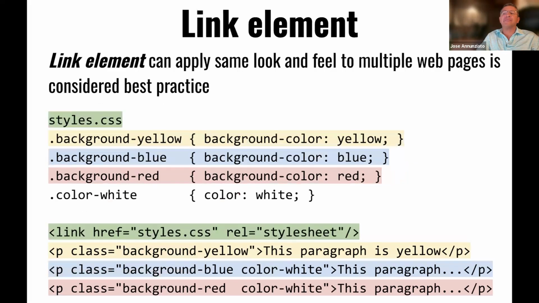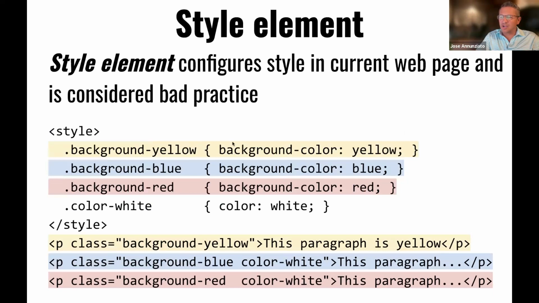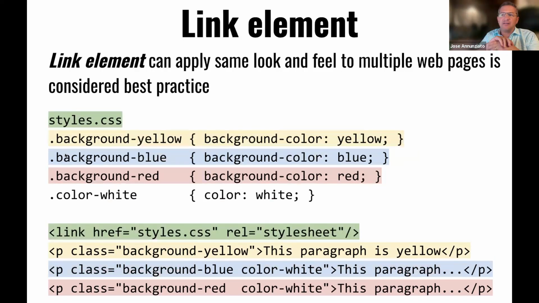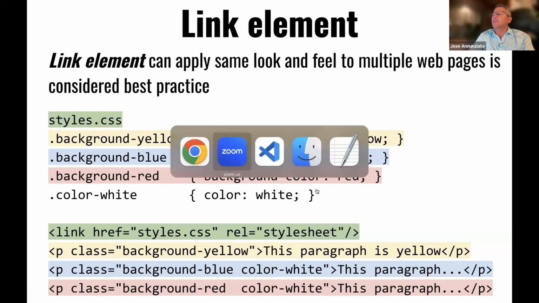And then by far the best option is to move all this code, instead of having it in the style tag, into a separate file, style.css, where we have the same exact code, but we link that file from our HTML and say it's a style sheet. That makes sense. Let me demonstrate.